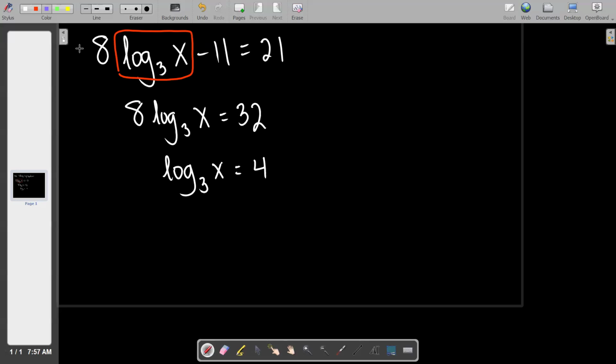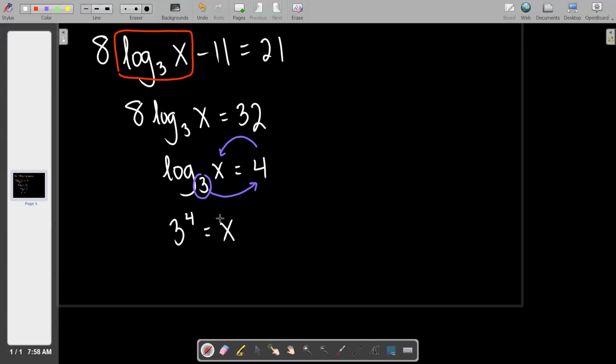So if I take the base 3 and raise it to the power 4, I set that equal to x. Normally I wouldn't show this next step, but just for your notes, it's going to look like 3 to the 4th equals x.